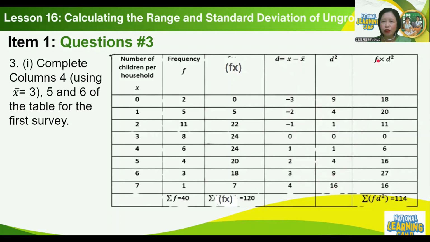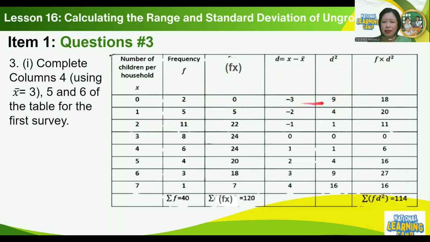Now, for the column of f times d squared, or frequency times square deviation, just multiply the frequency and the values of the square of deviation.